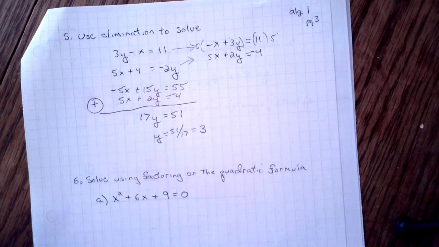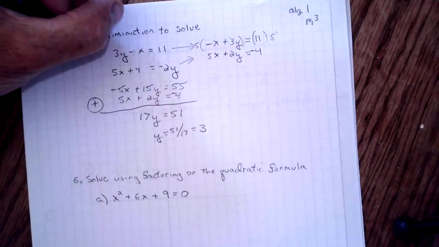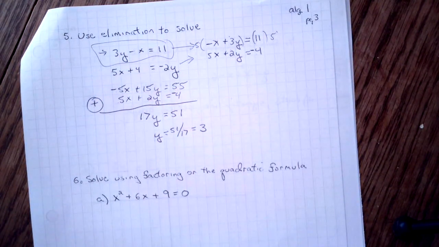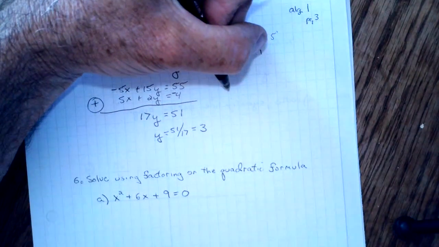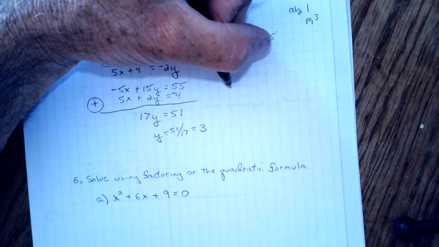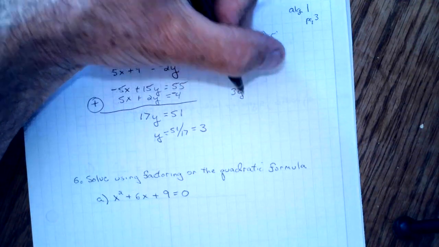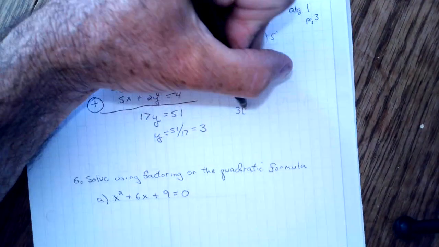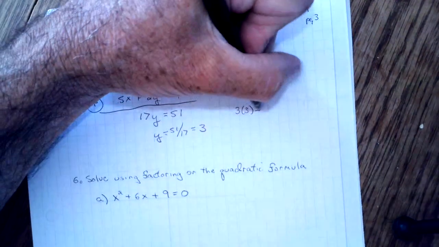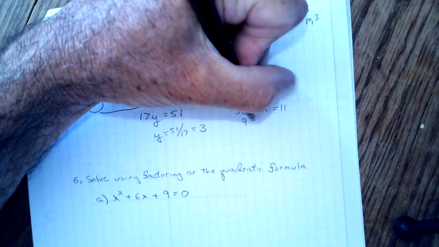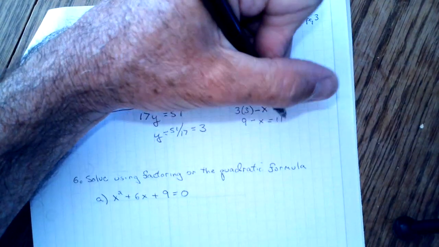Now I go ahead and I can put this into any one of these equations. I'm going to pick this first one here to figure out what x is. So 3y, 3 times y, which is just 3, minus x equals 11, or 9 minus x equals 11.